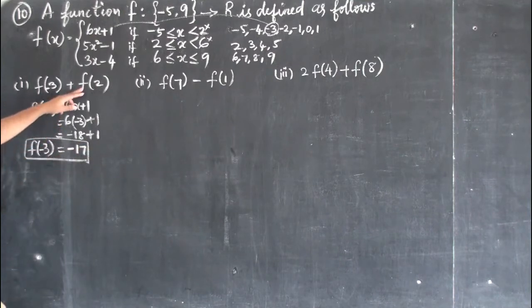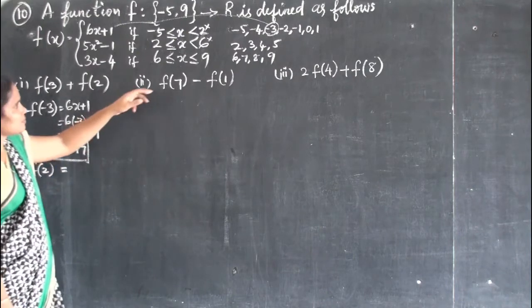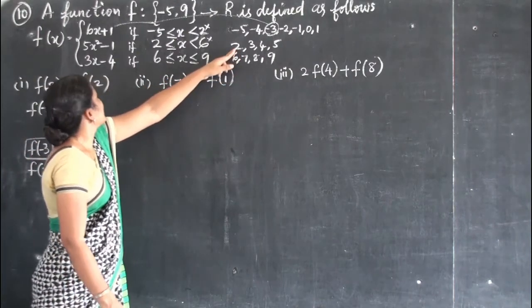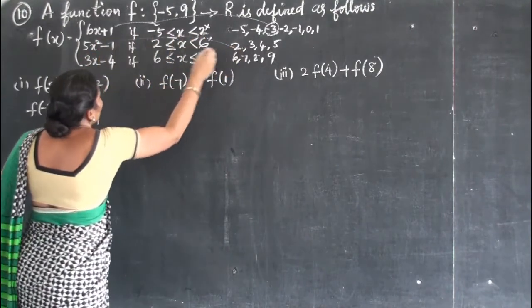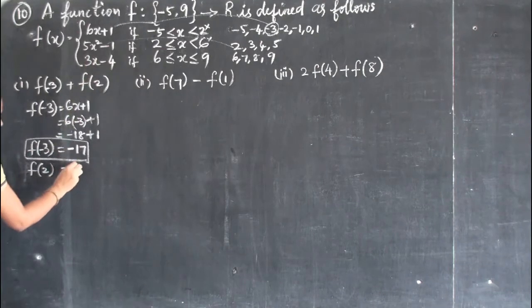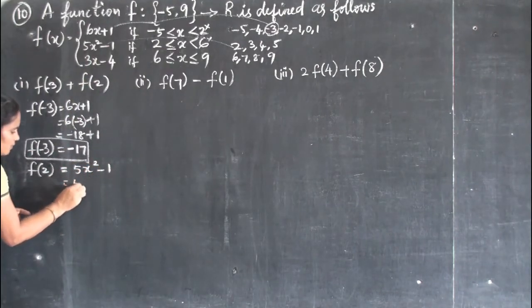Again you have to find f of 2. Where is f of 2? f of 2 lies in the second equation, that is 5x square minus 1. 5x square minus 1, right?